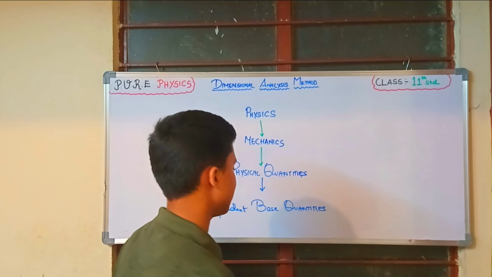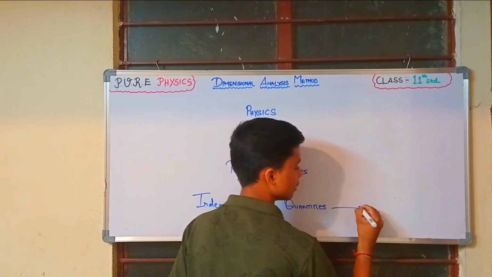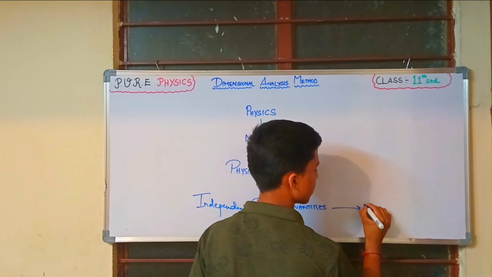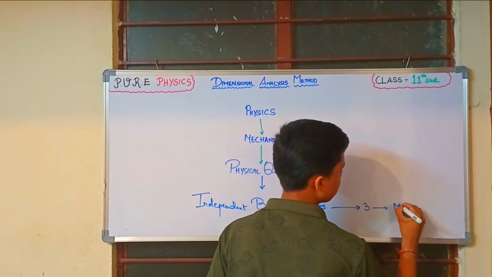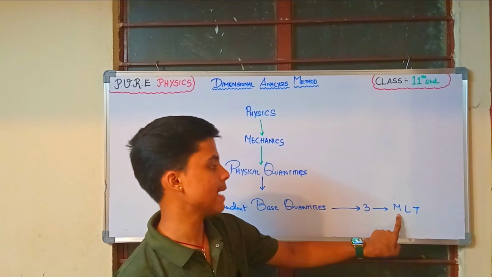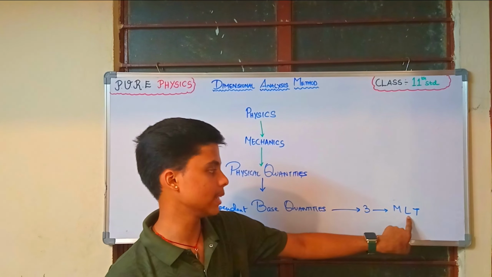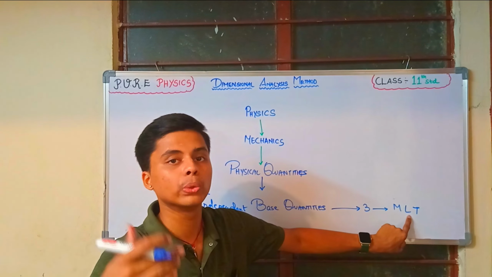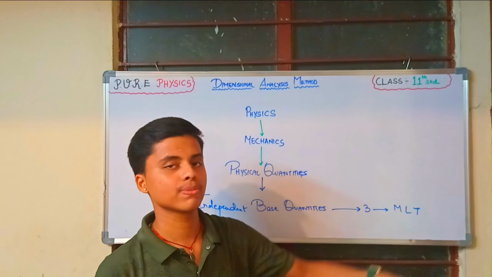What are these independent base quantities? There are three independent base quantities, which are M, L, T. M represents the dimension for mass, L represents the dimension for quantities relating to length, and T represents time.